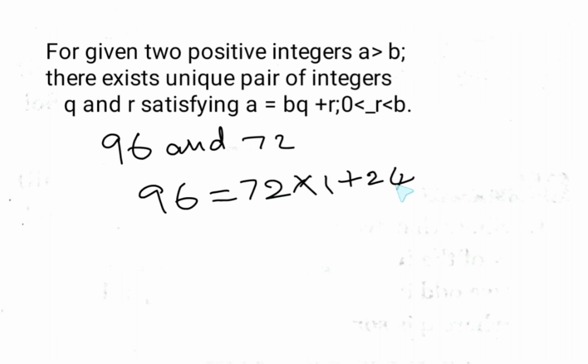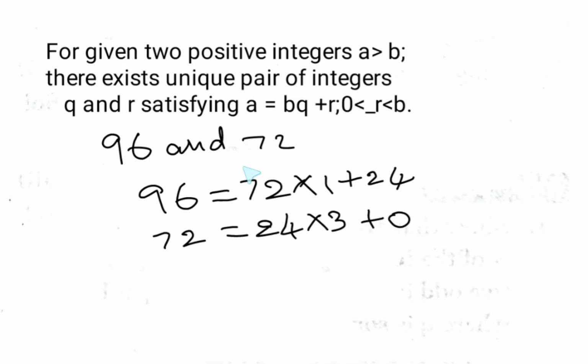Again the remainder is not 0, we should continue the same. 72 is equal to 24 into 3 times plus remainder is 0.